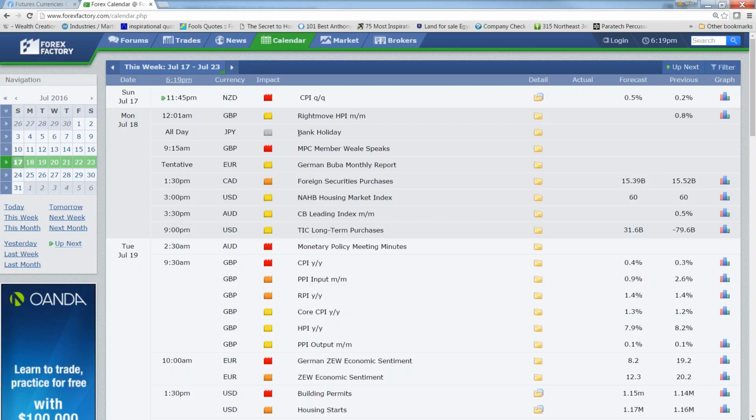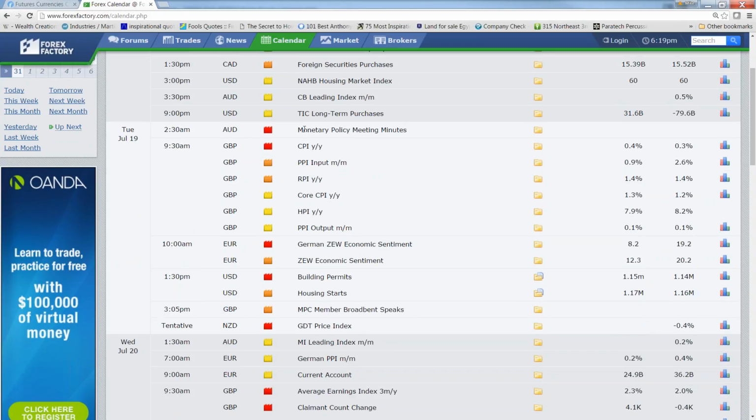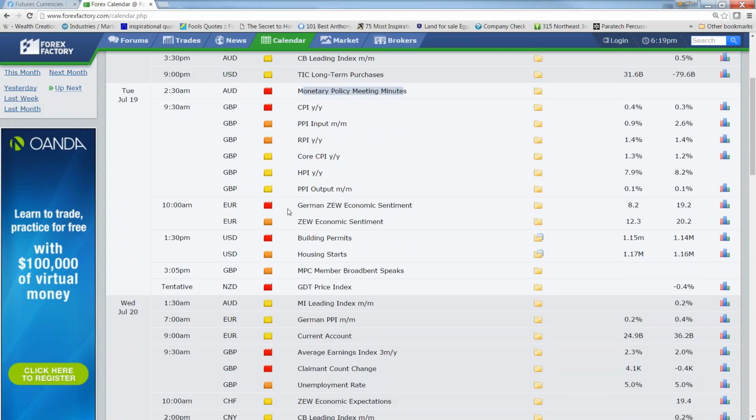Okay, so going through this week, Monday there isn't much to do in anything, and Japan is closed. The minutes of the Australian numbers, again, the market has moved because the Australians are not cutting the interest rate yet, so I don't see anything. The German economic sentiment, all this regular stuff, people have to take with a very big grain of salt, simply because of the Brexit, the coup d'etat that took place in Turkey and it failed.